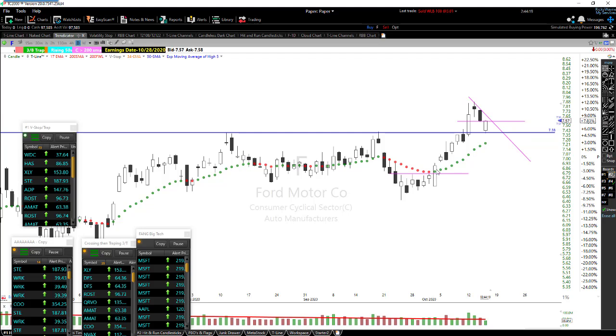That's where I see a better buy if you're going to buy a chart like this, rather than down here, because we're underneath the red dots, so I'm not going to buy. If we close up, the dot turns green, and I see confirmation, especially toward the end of the day. If I see this chart up there like this at the end of the day, that gives me the warm and fuzzies that, hey, this thing just might work out from here.